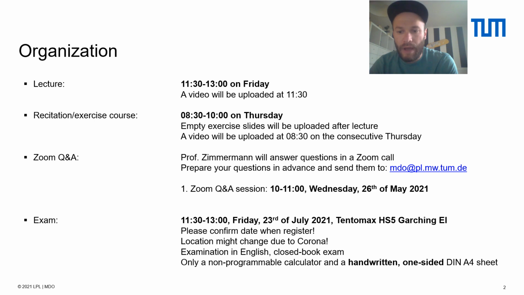On Moodle you find a small introduction to MATLAB for those who are not familiar with it, and also all students of TUM have a license for MATLAB, so you can download it in case you don't have it. There's also a link on Moodle for that.